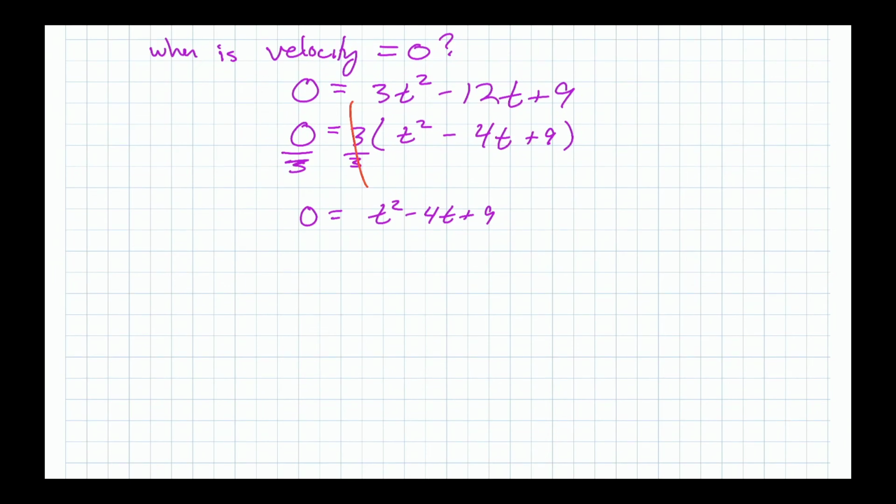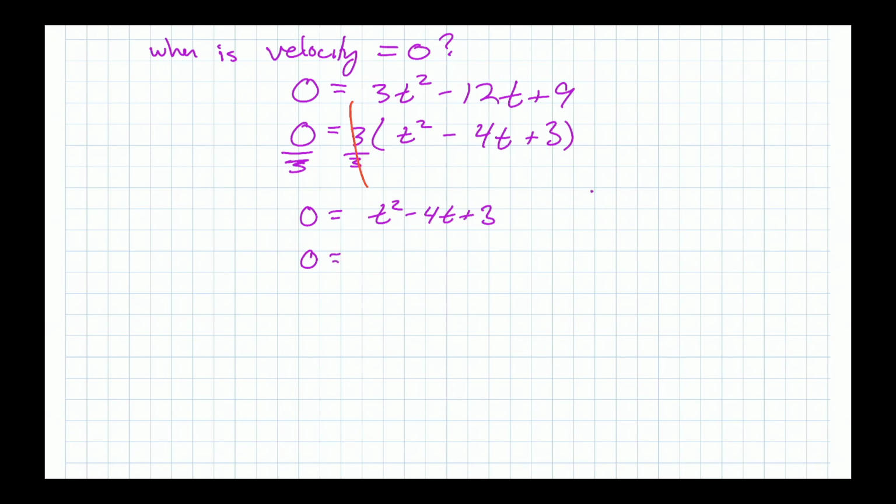Wait, is that going to work? Do we need the quadratic formula here? Oh, because I didn't divide by 3. I factored out a 3, but not really. I should have divided the 9 by 3 as well. Okay, so this probably factors.